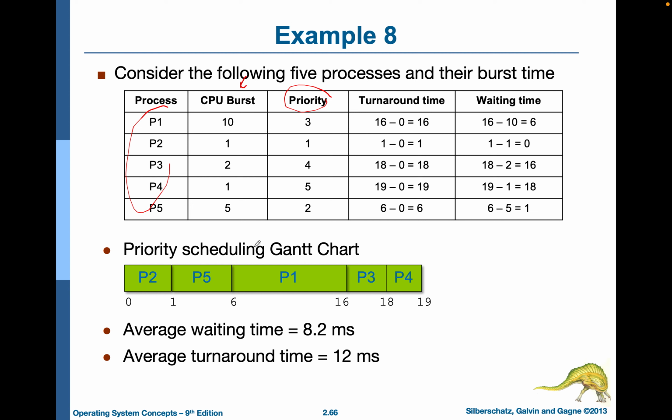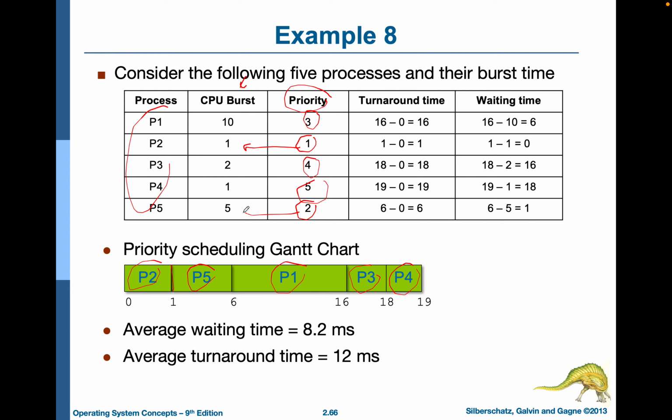So the priority scheduling Gantt chart. First, you're going to do P2. Second, P5. Third, P1. Fourth, P3. And lastly, P4. So you need to also look into the CPU burst. First, 1 only.